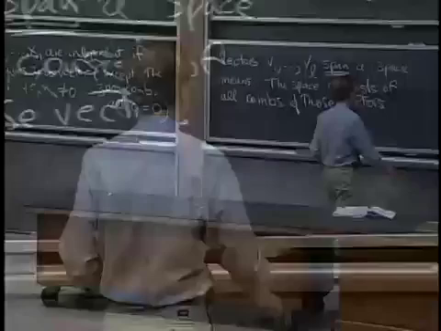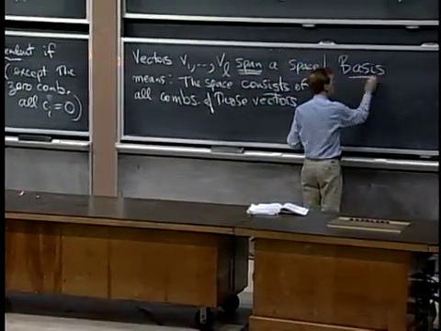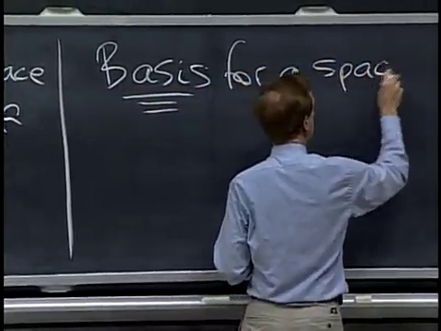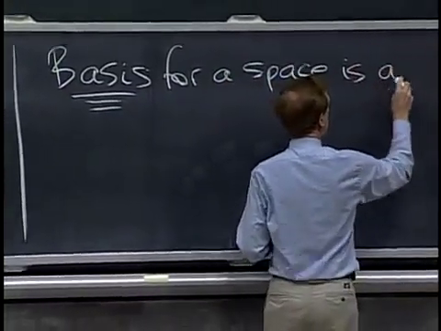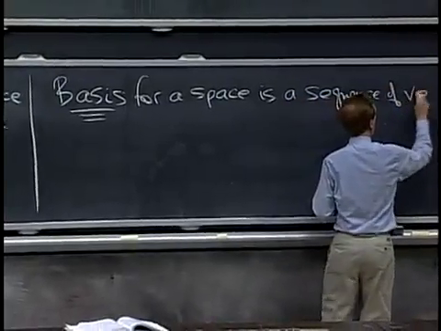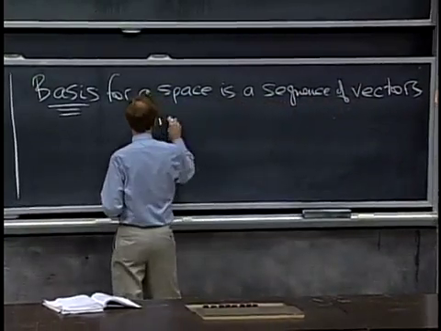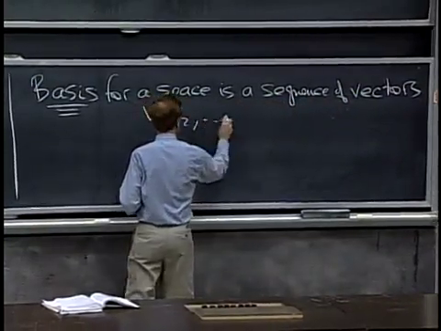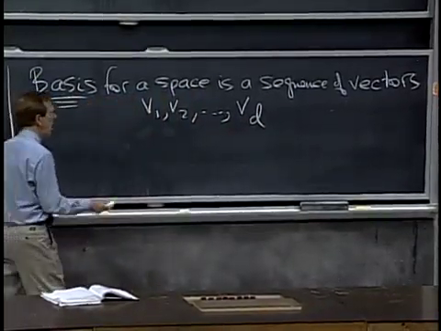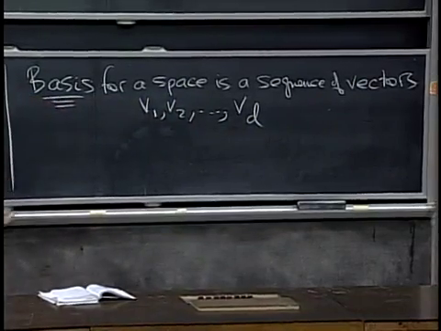So here, let me put what that word means. A basis for a vector space is a sequence of vectors, shall I call them V1, V2, up to, let me say, VD. Now, I'll stop with those letters. That has two properties. I've got enough vectors and not too many.